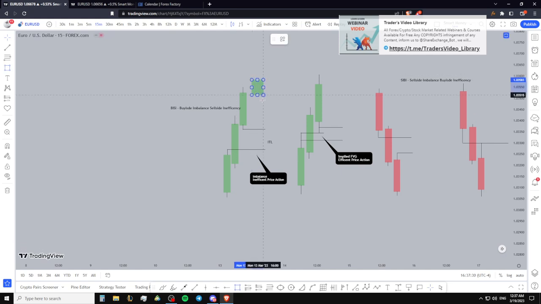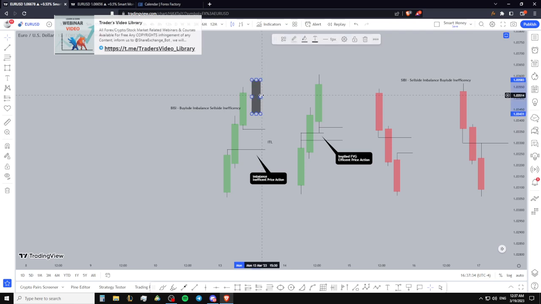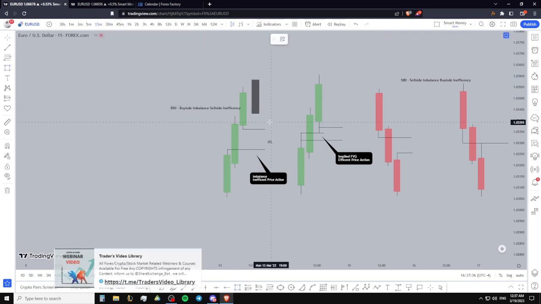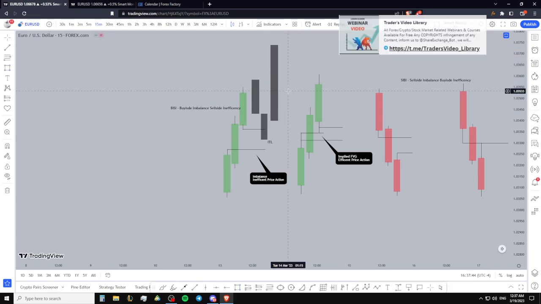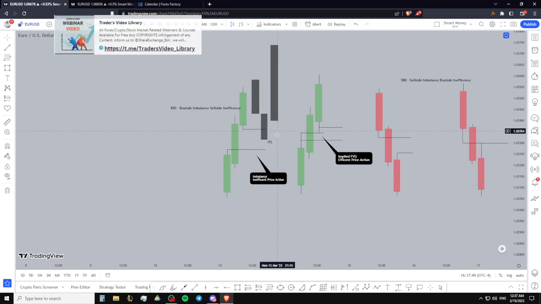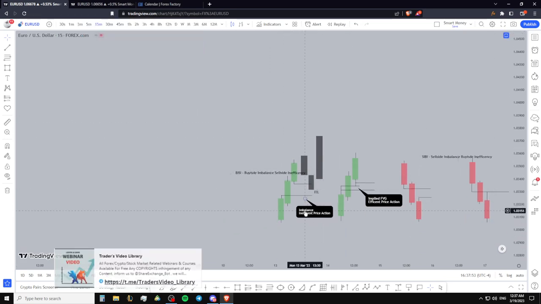So let's make some candles. Make it black here. 1, 2, and 3 candle right here. So one short-term low right here, intermediate term low, and boom, price expands.